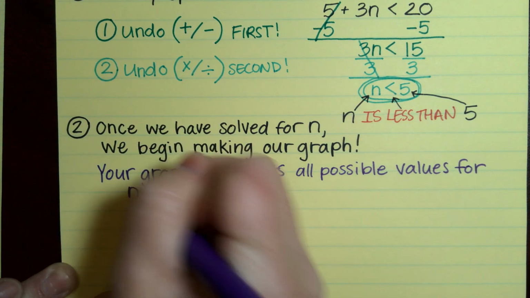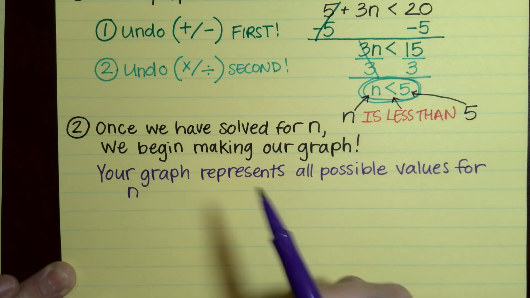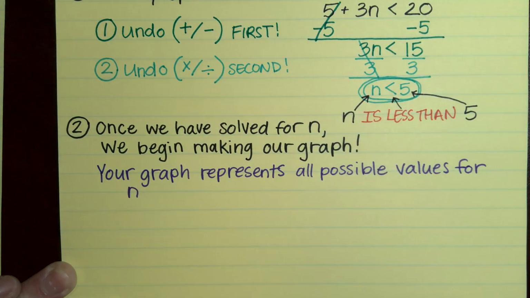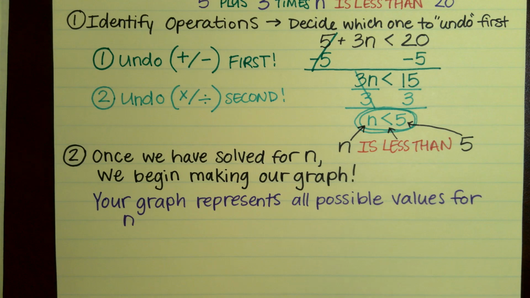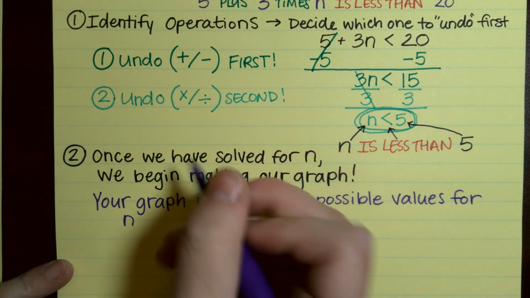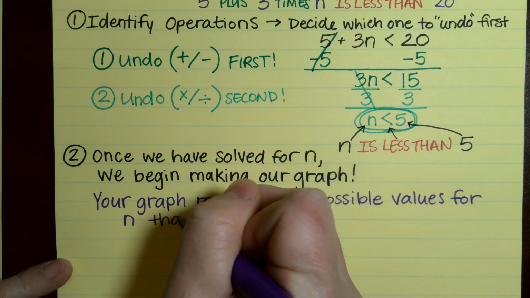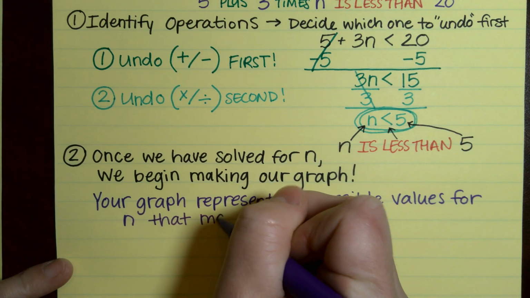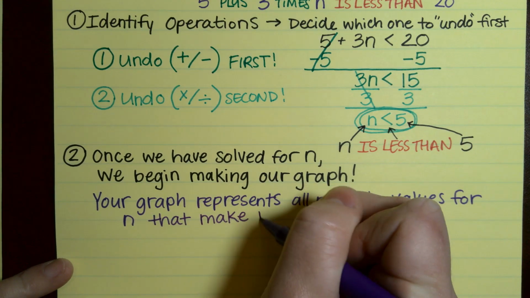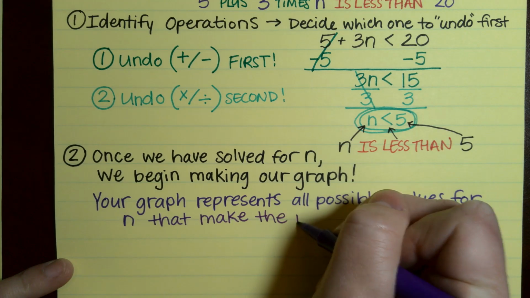All possible values for n, and those values have to make the original inequality true. That's kind of the key piece there. Your graph represents all possible values for n that make the inequality true.